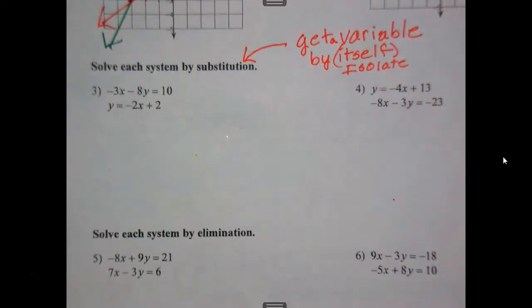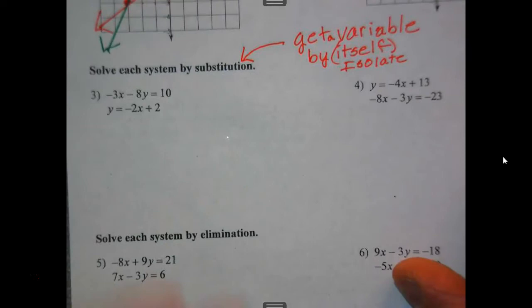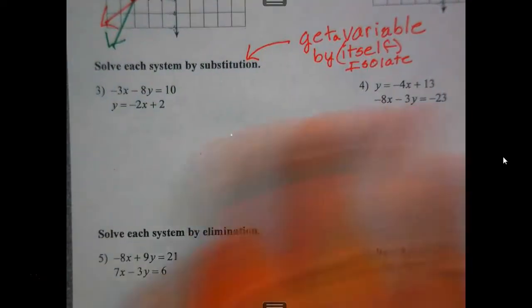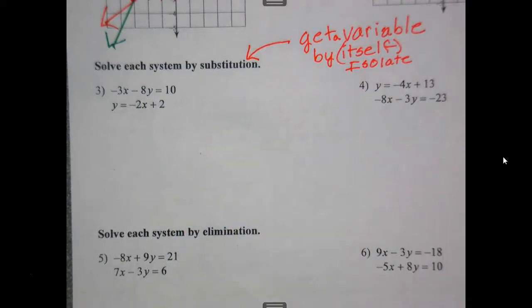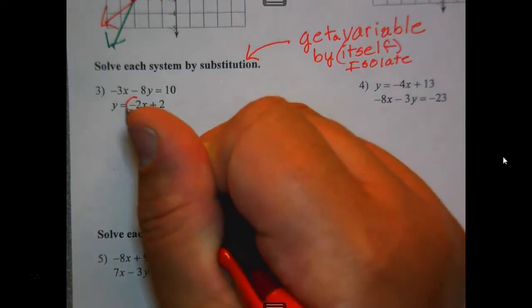Okay, problem number 3. Do we have an isolated variable? Leave him alone, he's sleeping. Do we have an isolated variable? Yes, the y is by itself.